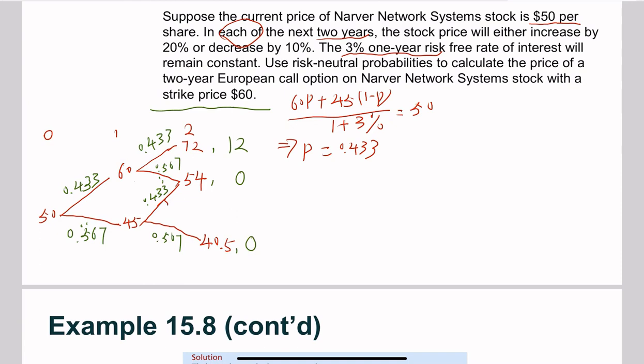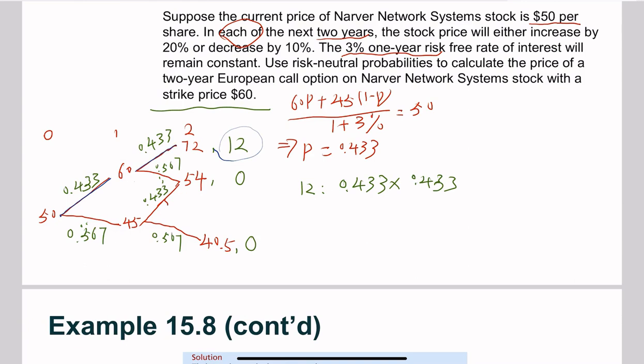So now we have to think about probabilities. For this 12, the risk-neutral probability is, how do you get this? Well, to get to this $12, we're looking at this path. That is, first the stock price increases from 50 to 60, and then 60 to 72.